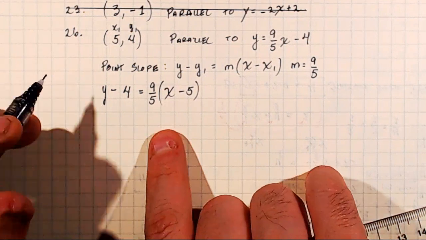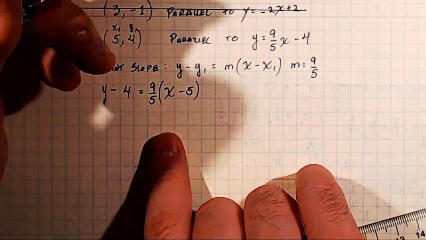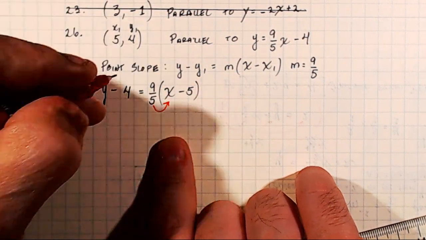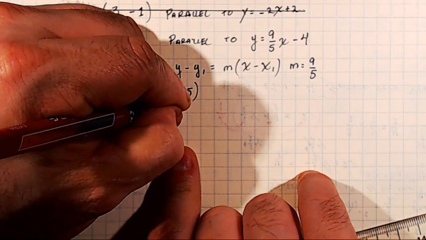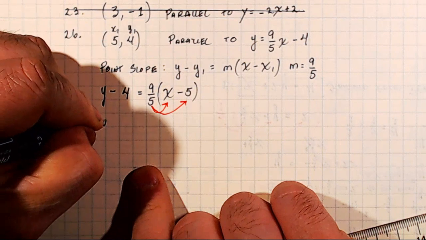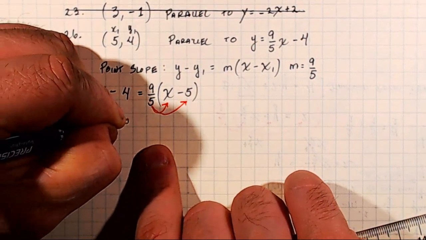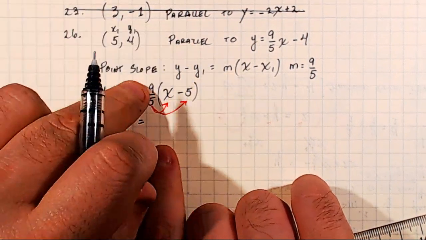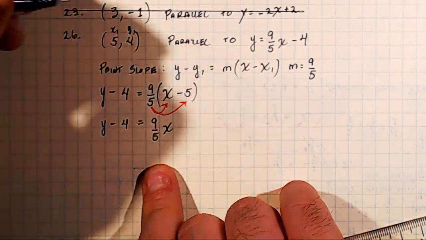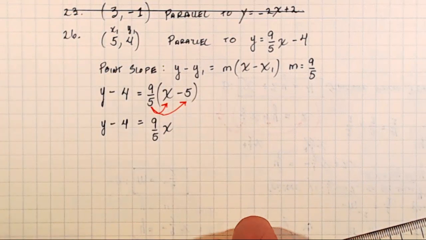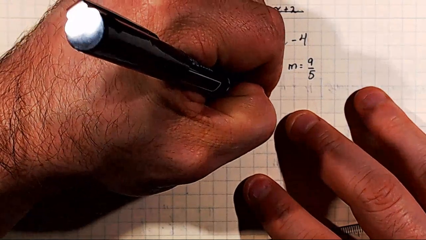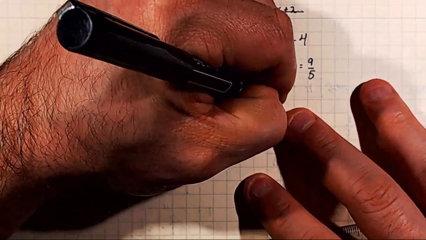So we're going to have to distribute this a little bit. 9/5 times x, and 9/5 times negative 5. We have here y minus 4 equals 9/5 x, and then 9/5 times negative 5. And this one we might want to do off to the side. 9/5 times negative 5/1.